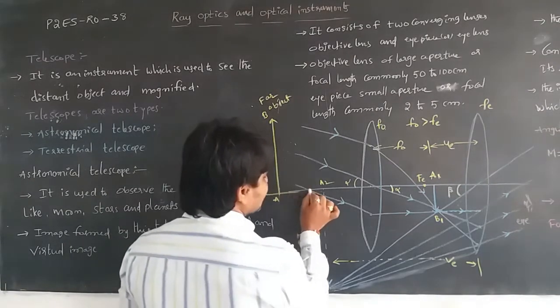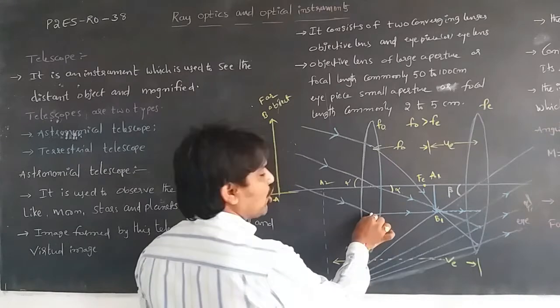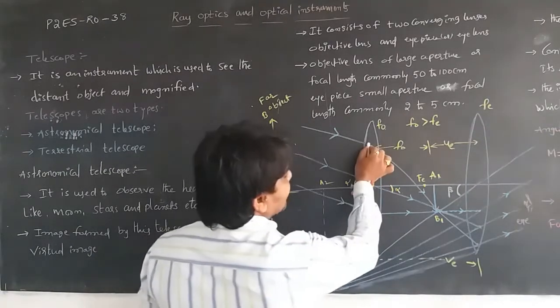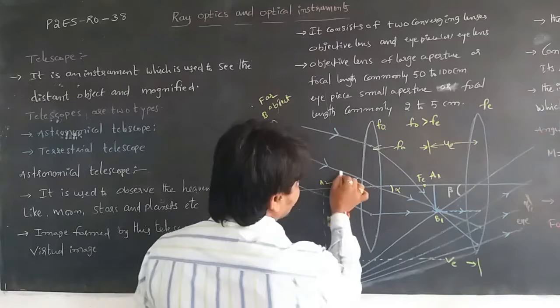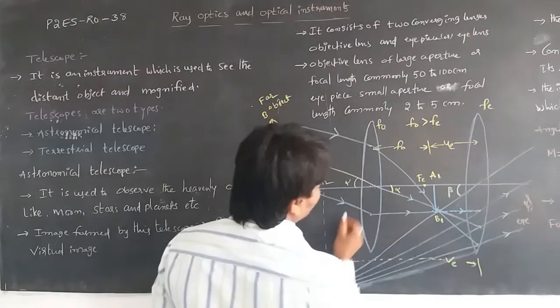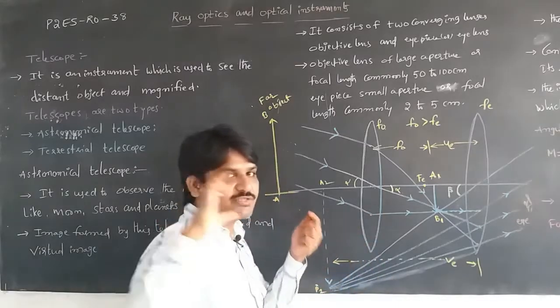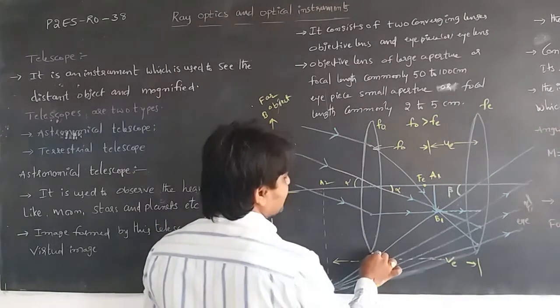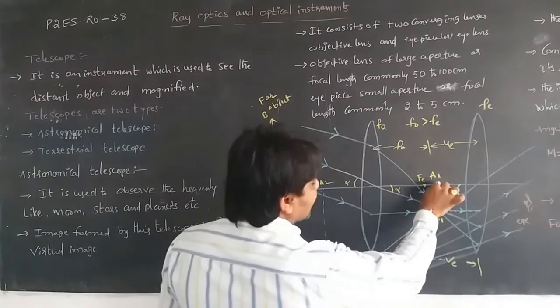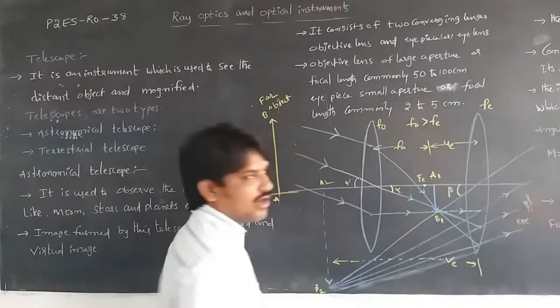When the light is incident on the objective lens and it is refracted, the object is focused by the objective, and an inverted image is formed.